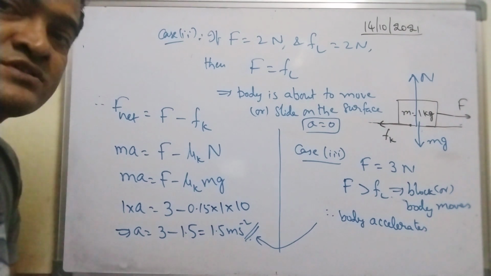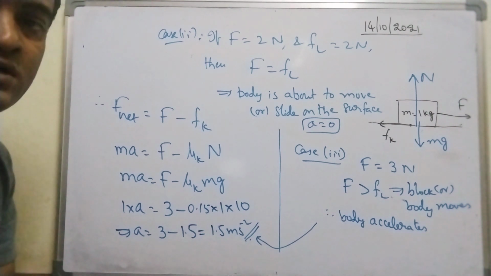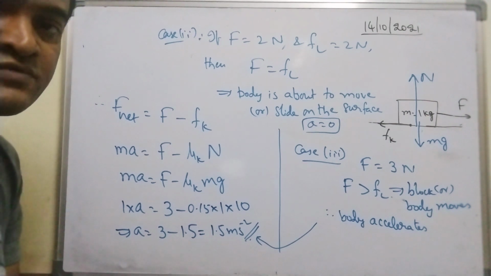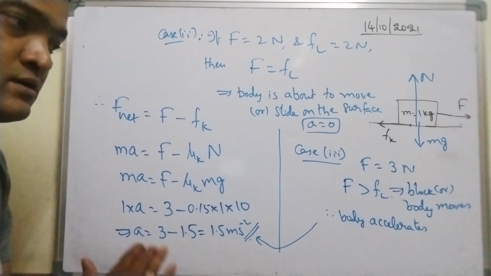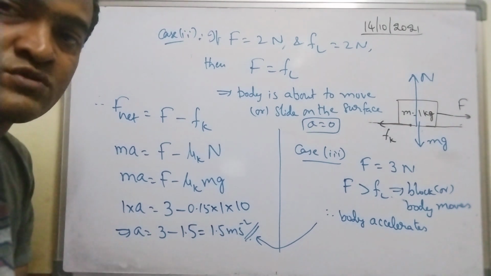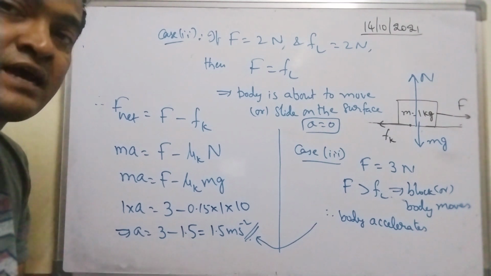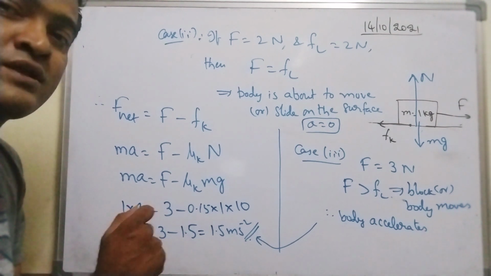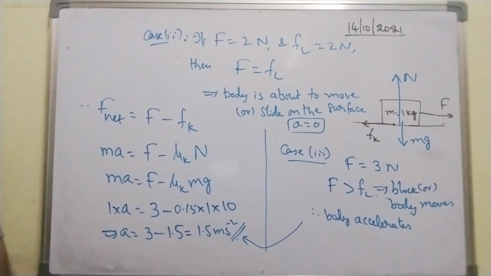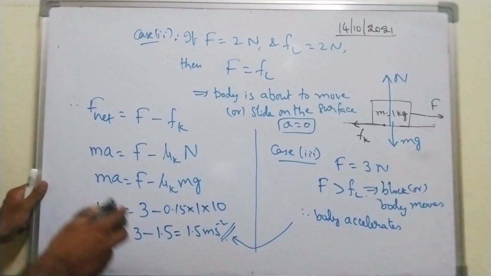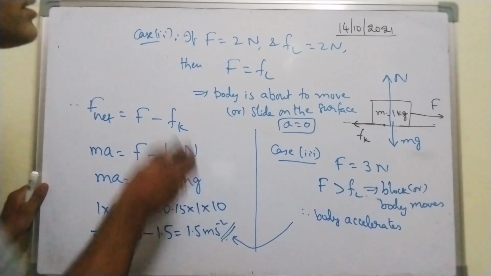So till now we have discussed the block on the horizontal surface. Now also I will discuss a horizontal surface only, but I will pull the body with a certain angle. I will show you what happens. Hope I am clear till here.